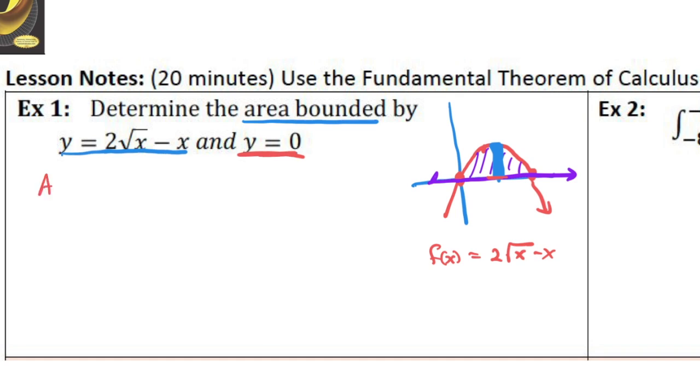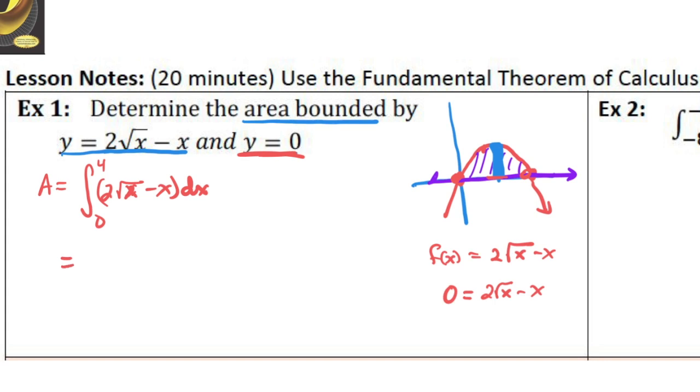So when you write your area equation, that's going to be the integral from, well, where do these intersect, that purple line and red line? They intersect at 0 and 4. If you need a little bit more work on that, you can set 0 equal to 2 root x minus x and solve that equation, and you will, of course, come up with 0 and 4. So now we're putting in our 2 root x minus x. That's going to be the height of our graph, multiplied by dx because we are cutting on the x-axis.